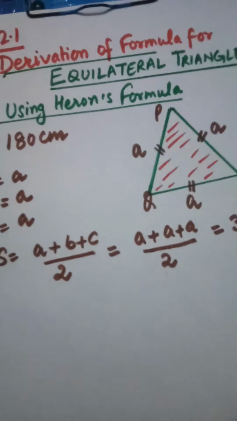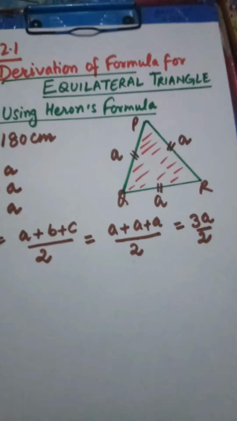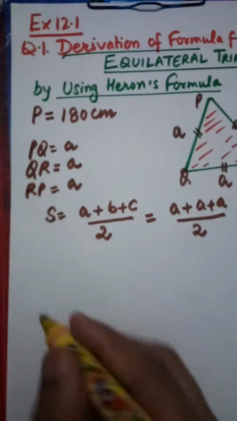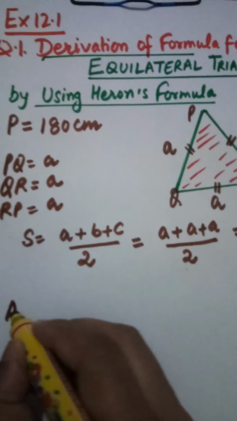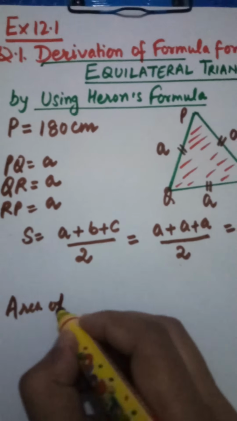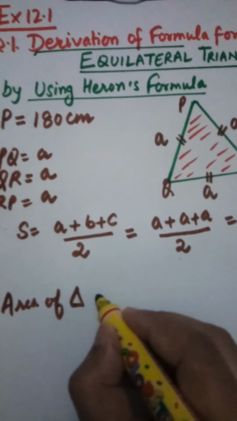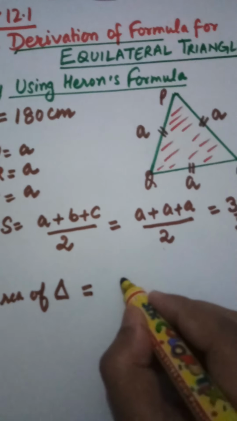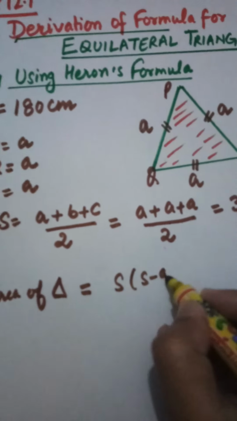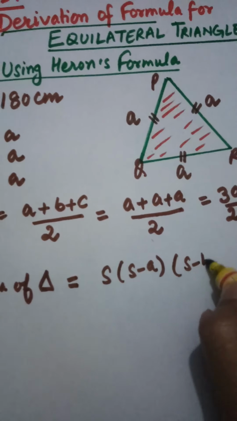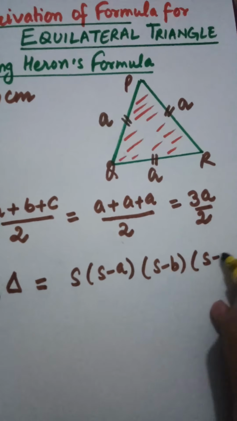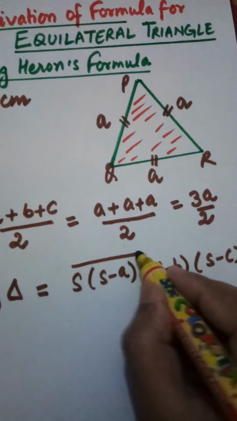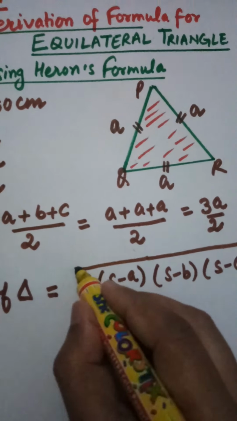So we have obtained our S here. Now after finding S, let's go for Heron's formula: the area of the equilateral triangle is given by the square root of S into S minus A, S minus B and S minus C.